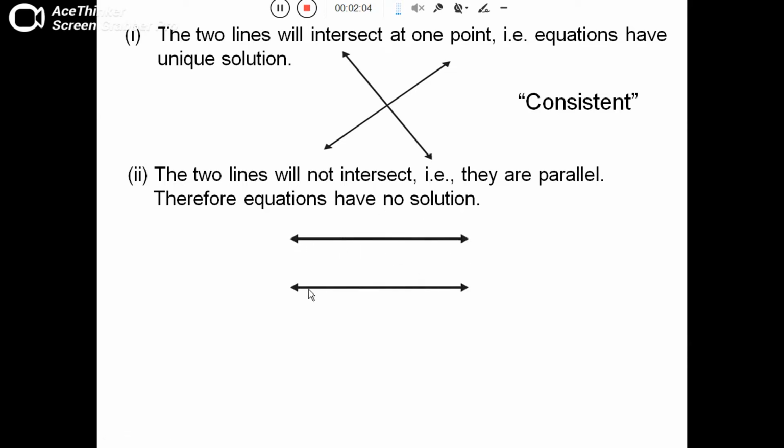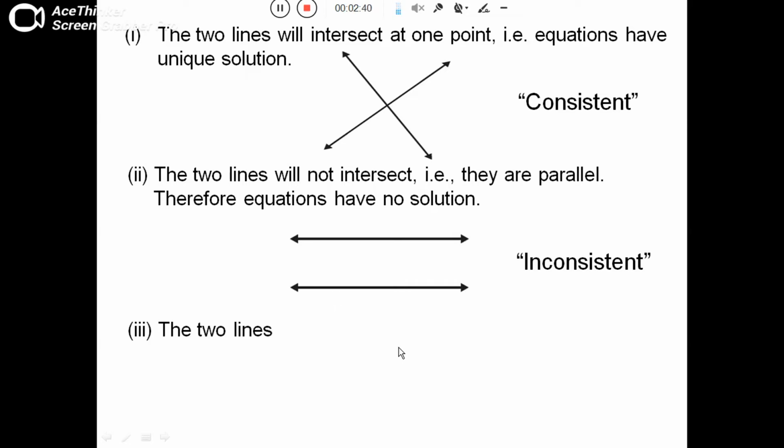This is the first line, this is the second line, and they are parallel to each other, not intersecting. So these equations are called inconsistent also. If the equations give you a solution, they are called consistent; if they do not give a solution, they are called inconsistent.